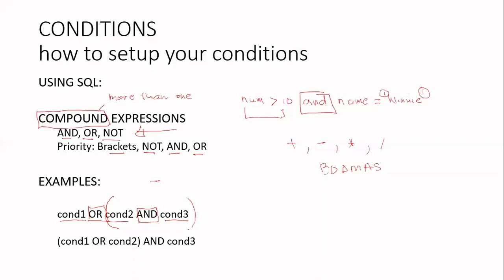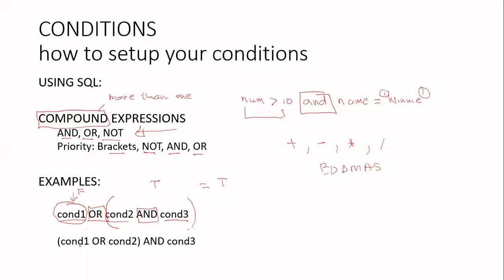So here you'll get an answer, let's say the answer was true. You will then take condition 1, evaluate that, which will also evaluate to true or false. And let's assume that was false. You will then take false or true, and that will give you a final answer of true. So this is how you would apply your priority when working with conditions that have multiple operators.